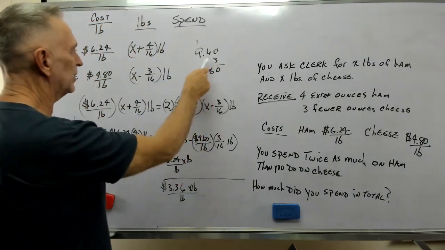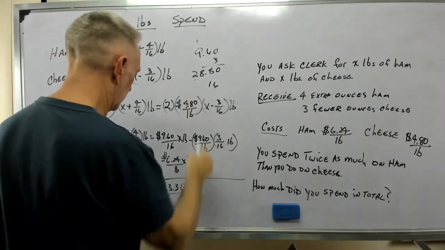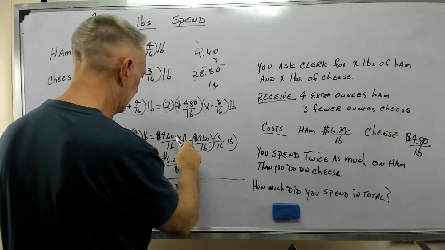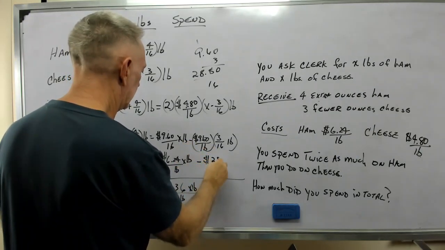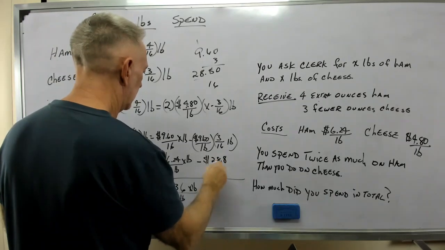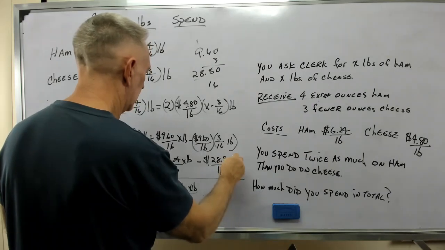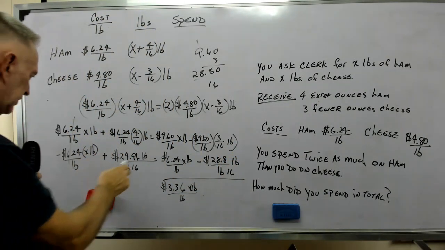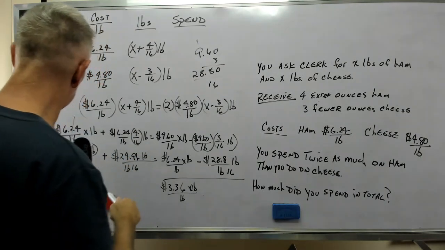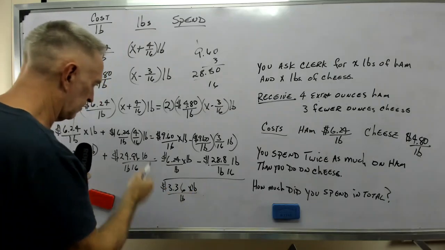Alright, so 9.60 times 3 over 16 is what we're going to have here. So it's minus 28.80 pounds over 16. And that's pounds still here. I guess I should cancel them, I guess. Alright, let's keep going though.